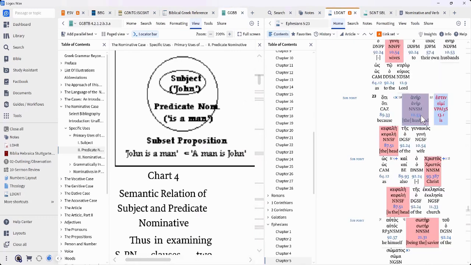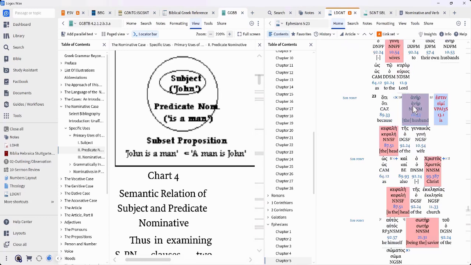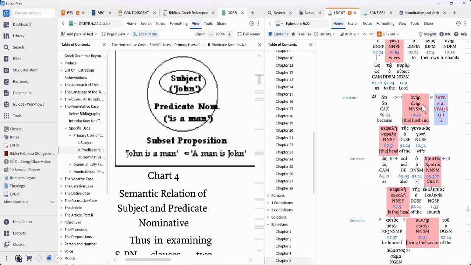We're going to get into this later on, but when we come in here, subject. And here's the verb. So the subject is here, and this is the verb. And once again, context is always going to determine. So using the visual filters is going to help you tremendously.